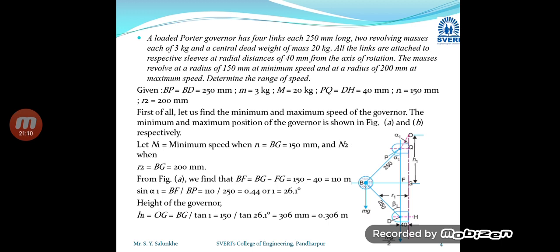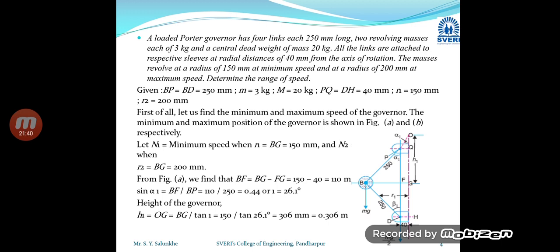Then we have to use either the sine, cos or tan formulae. Here we will use the tan formula, and we can write OG is equal to BG divided by tan alpha 1. That is, tan alpha 1 is equal to BG divided by OG.